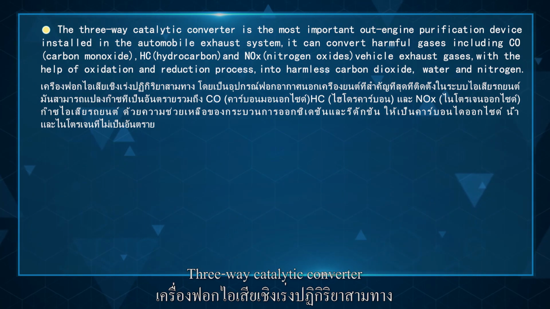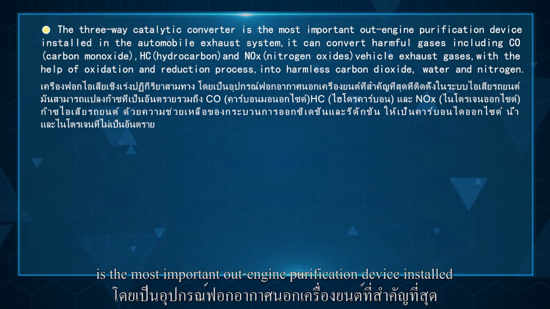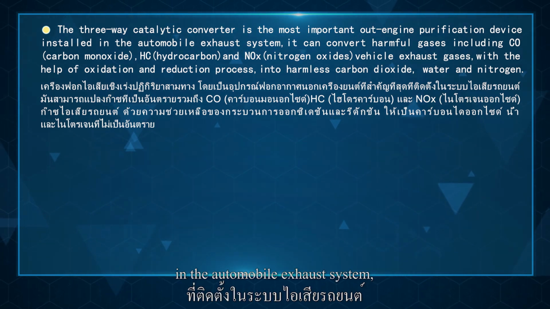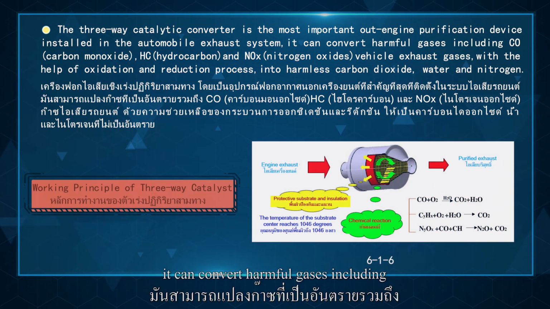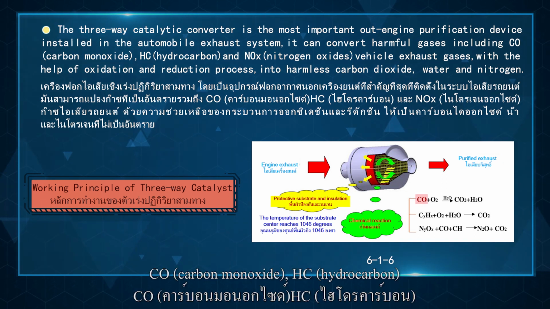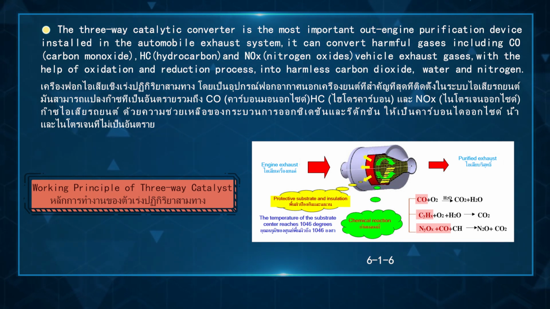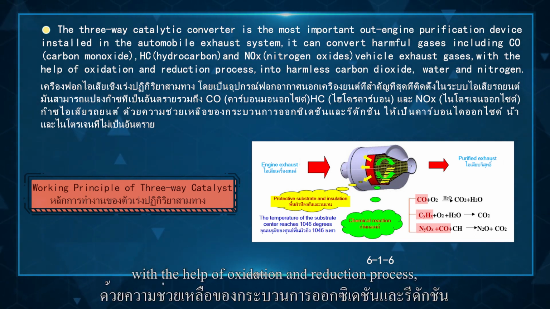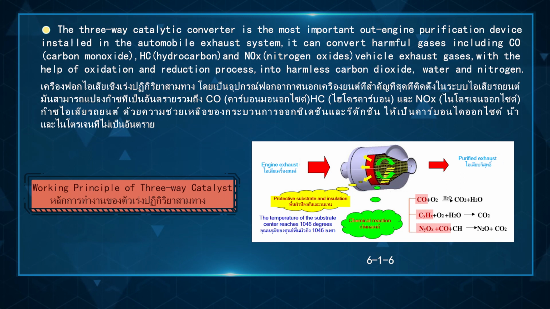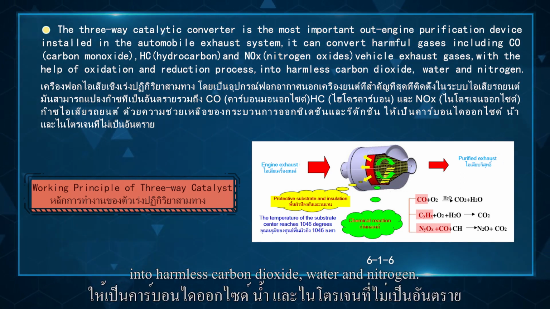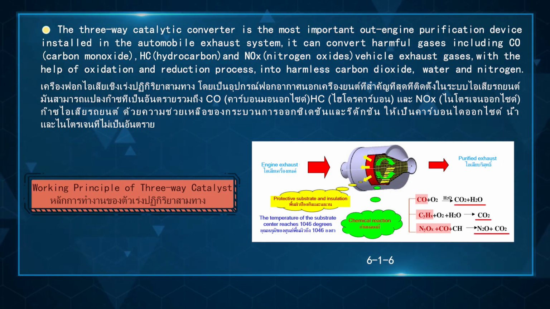The three-way catalytic converter is the most important out-engine purification device installed in the automobile exhaust system. It can convert harmful gases in vehicle exhaust, including CO (carbon monoxide), HC (hydrocarbon), and NOx (nitrogen oxides), with the help of oxidation and reduction processes, into harmless carbon dioxide, water, and nitrogen.